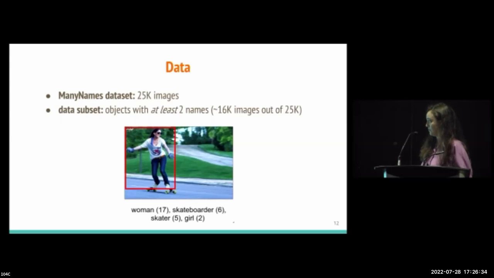This is 16,000. And we are going to talk about top name, that is the name that has been used by the majority of the annotators. In this case, it's woman. And the alternative names are all the other names in the list. But we are going to use for this analysis only the first one, the first alternative name, which we're going to call the alternative name.